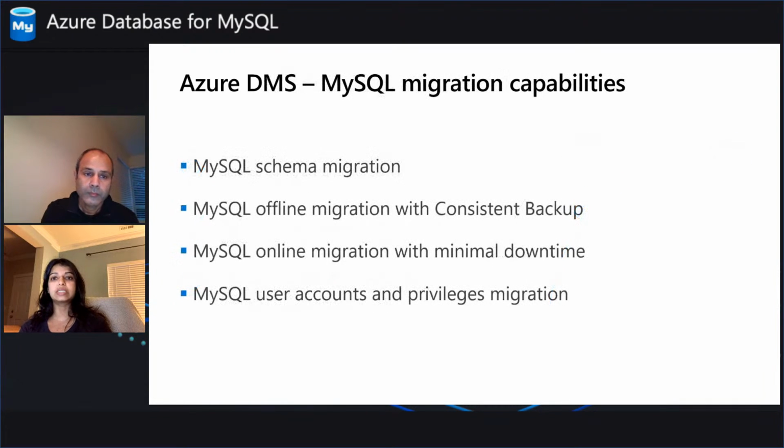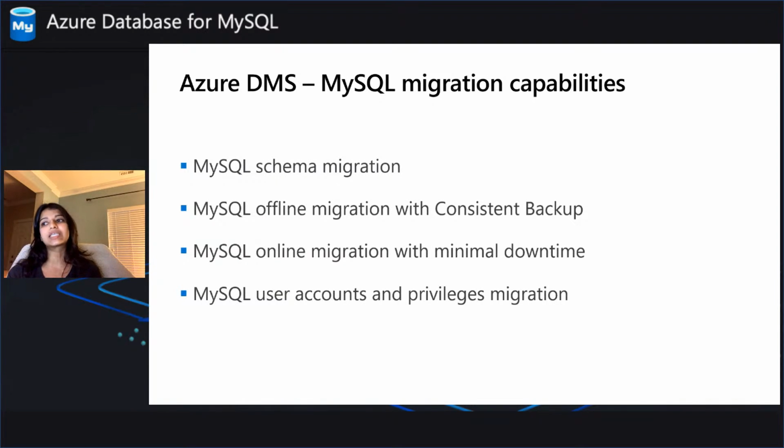Now for Azure Database for MySQL, we have various features and capabilities. First is MySQL schema migration. This enables users to migrate the schema objects such as tables, views, triggers, events, functions to the target database. It is useful to automate some of the work that you have to do before starting the migration.